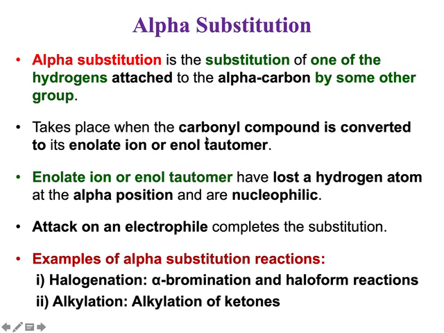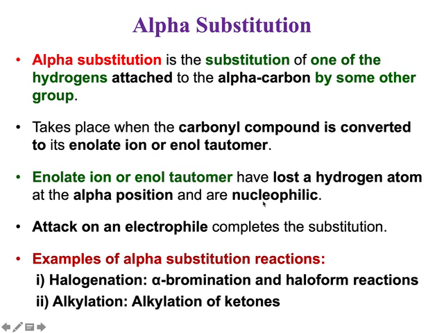The keywords here are carbonyl compound converts into enolate ion or enol tautomer. The first step, the carbonyl compound, we want to convert first into enolate ion or enol tautomer. So this intermediate enolate ion or enol tautomer loses a hydrogen atom on the alpha position and becomes a nucleophile.